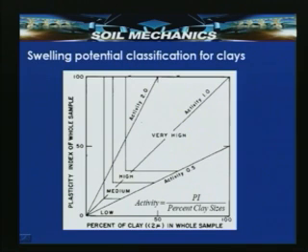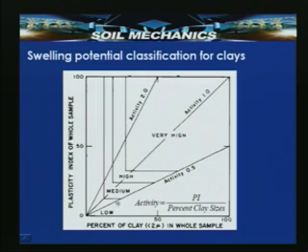Based on this chart, one can classify the soils for their swelling potential. For example, if the activity value is less than 0.5, then it is said that the activity is low, and activity 1 in this region and activity 2 in this region is very high.